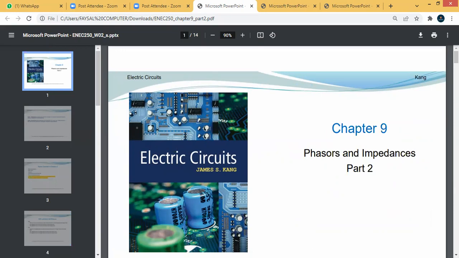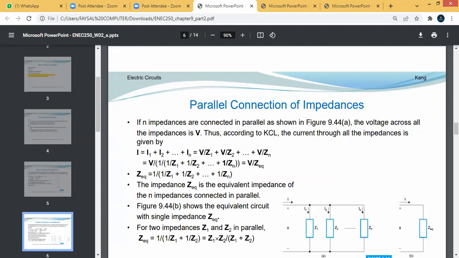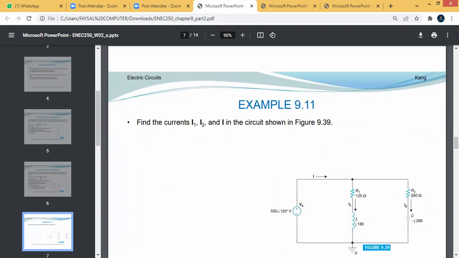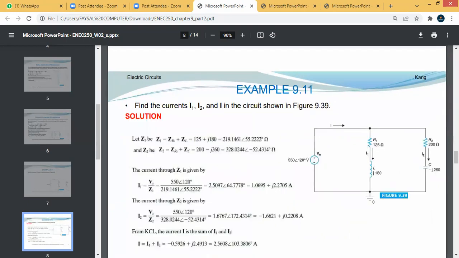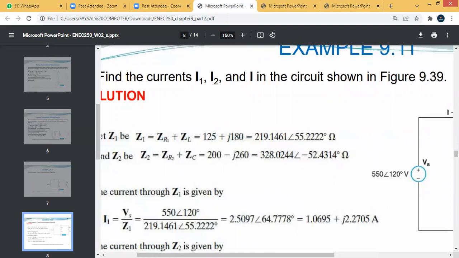The main formula regarding the impedances is finding the value of Z1 with two parameters, that Z1 equals ZR1 plus ZL, and Z2 equals similarly.